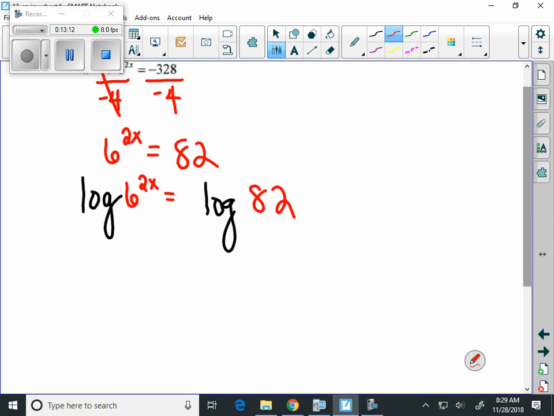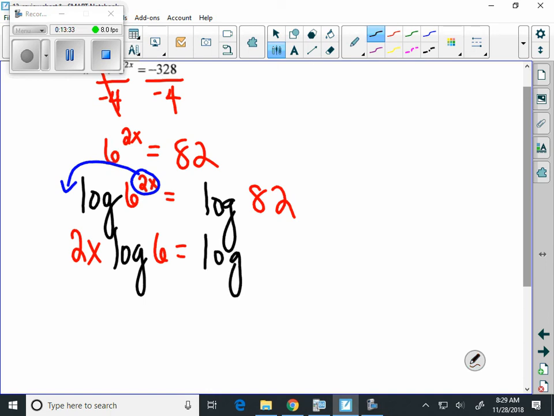And now we're going to use our power property. And our power property says that we can take the exponent and write it out front. Now what we have is 2x log of 6 equals log of 82.